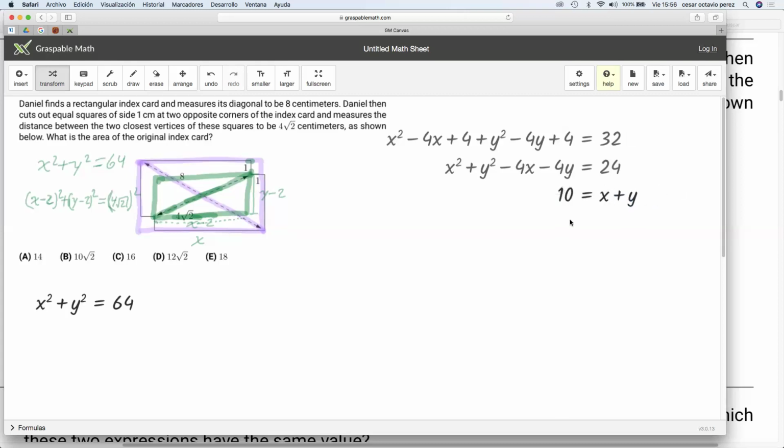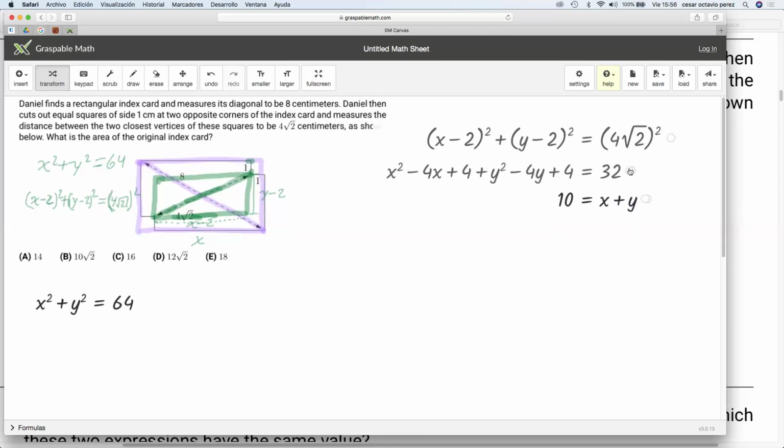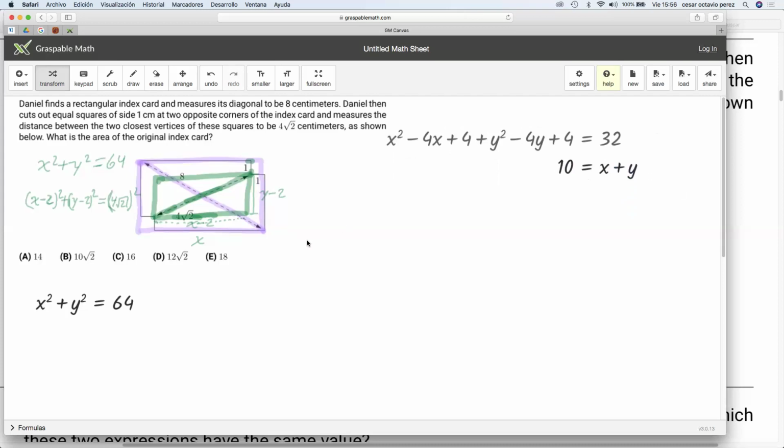So the sum of x plus y is 10. But we need to get the area. We need x times y, xy.